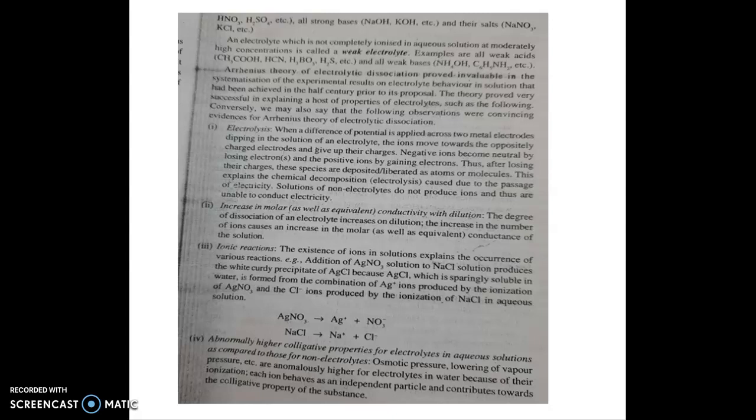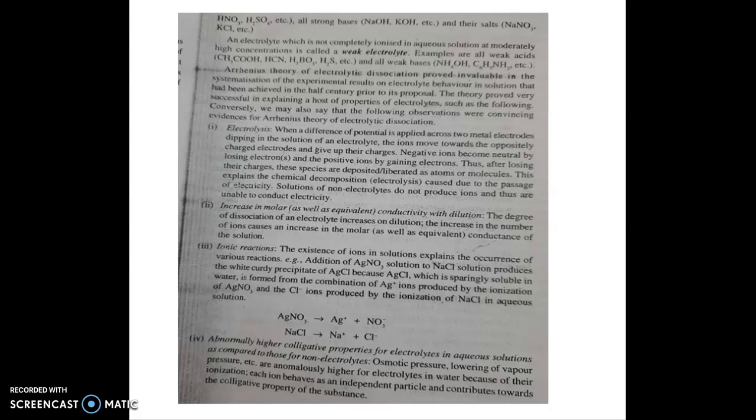Non-electrolytes do not produce ions, so they are unable to conduct electricity. The electrolytic properties depend upon the dissociation of the electrolyte. The increase in molar conductivity with dilution is also explained by this electrolytic dissociation theory. Next, ionic reactions.